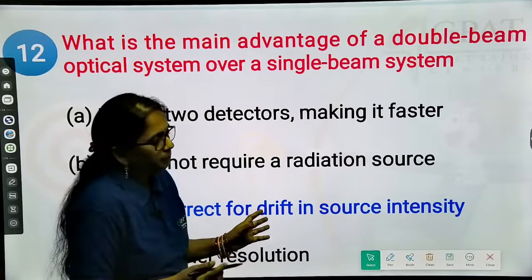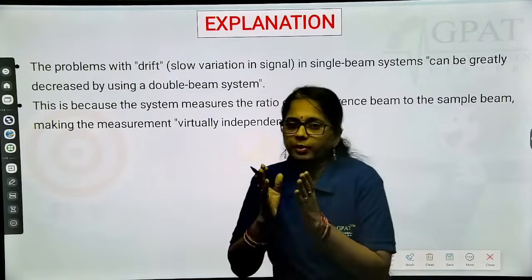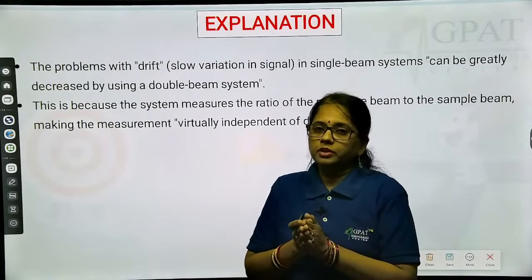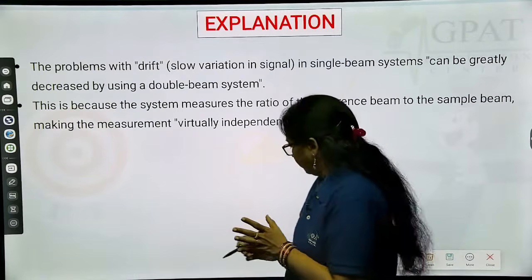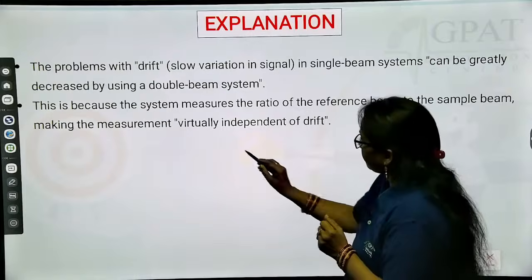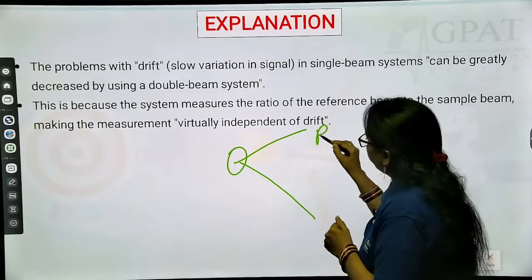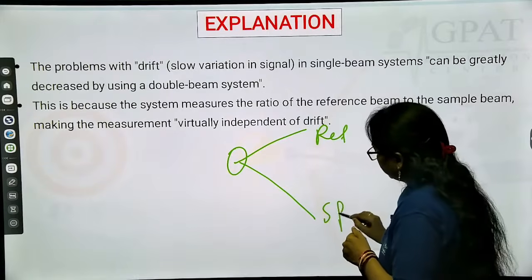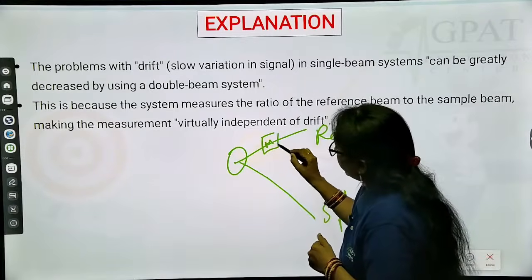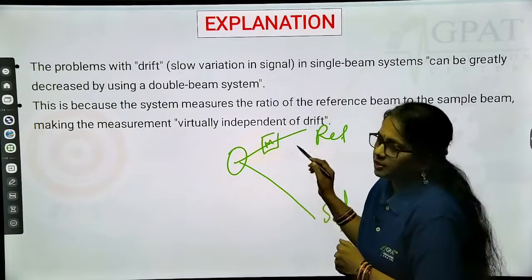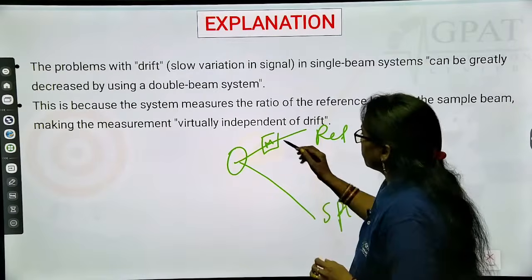Only the double beam and single beam are going to differ in the source of the radiation. Both the reference as well as the sample are going to take whatever the source it is there. In between that you are going to see the monochromators, the entrance slit, exit slit, dispersing devices, different types of gratings we are going to use.